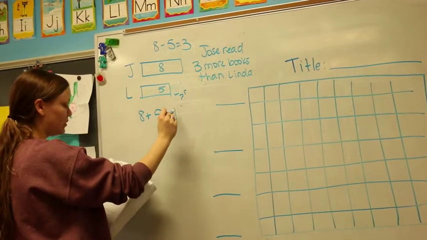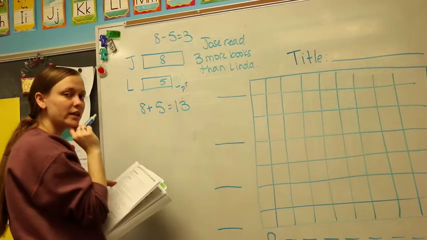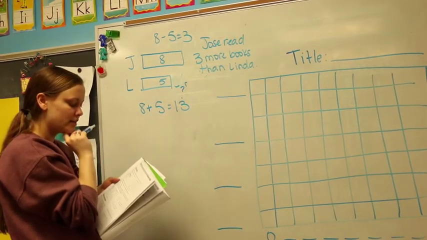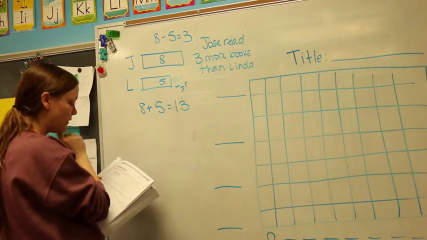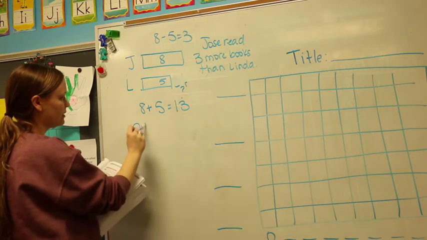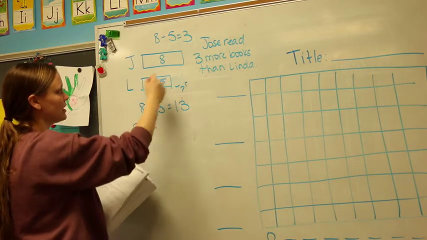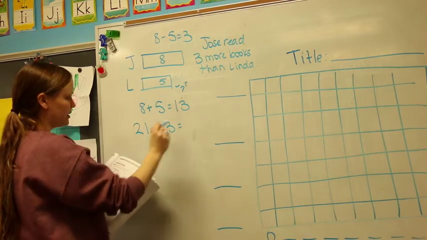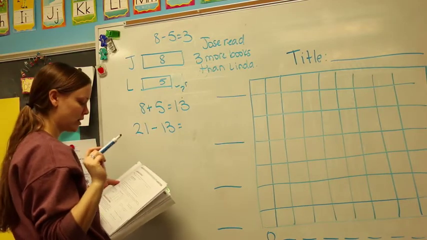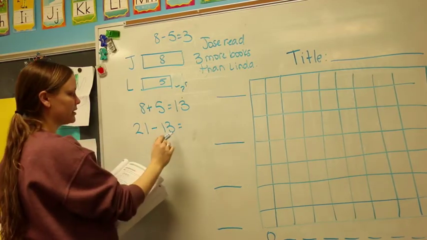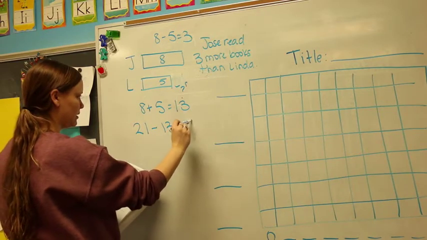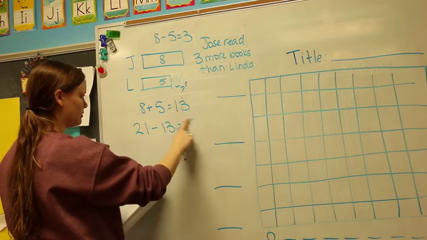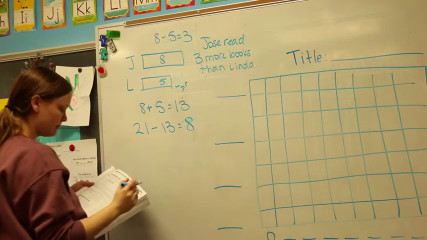Jose and Laura read 13 books together. But it says, what if all 3 of them read 21? So you have to take 21, subtract 13 to find out how many Linda read. So 21 minus 13, make sure I did this right, is 8.